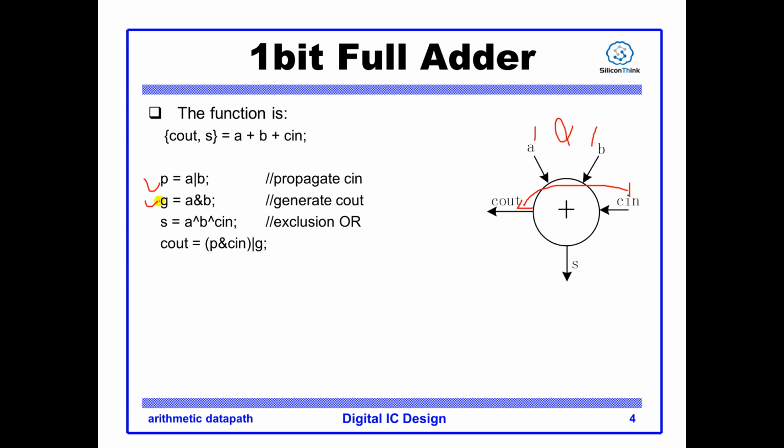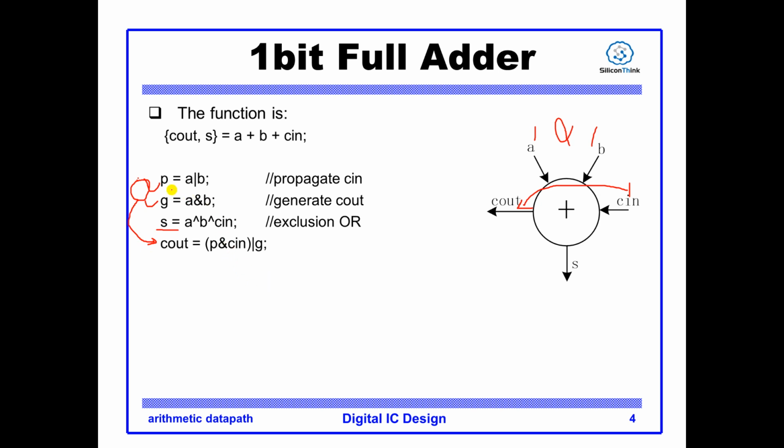Then we calculate the sum. Sum is the exclusive OR of all 3 bits. At last, we combine G and P together to get C out.